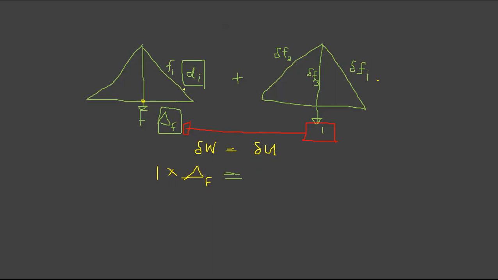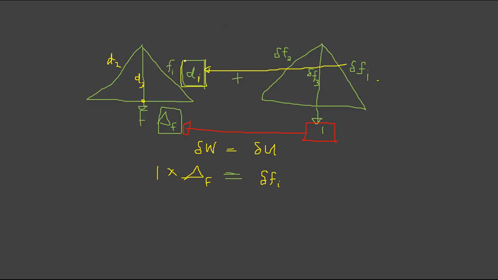So let's say this is D1, D2, D3, the displacements, okay. So the additional strain energy stored in the ith member is delta Fi into original displacement, right? This is into original displacement.